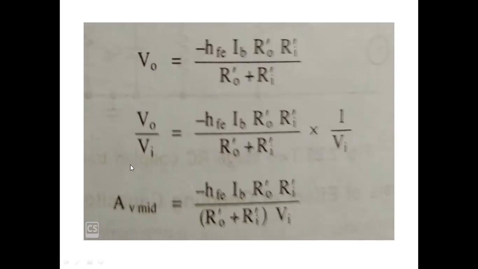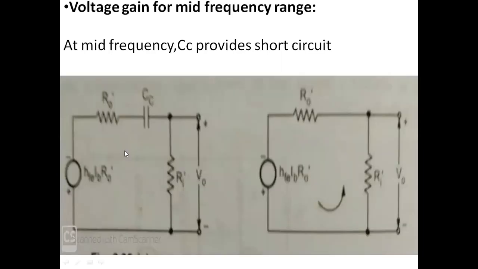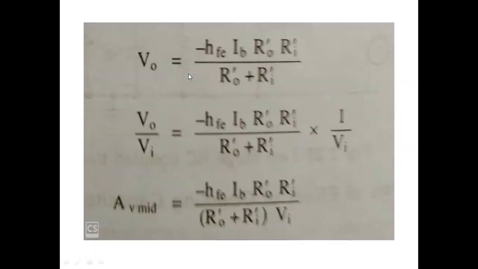What is V0 by Vi? V0 by Vi is the ratio of output voltage to input voltage, that is equivalent to gain. And here we are finding the gain at mid frequencies, because here we are making CC a short circuit. At mid frequencies, CC becomes a short circuit. So V0 by Vi is the gain, that is AV, and since we are finding the gain at mid frequencies, it is AV mid.